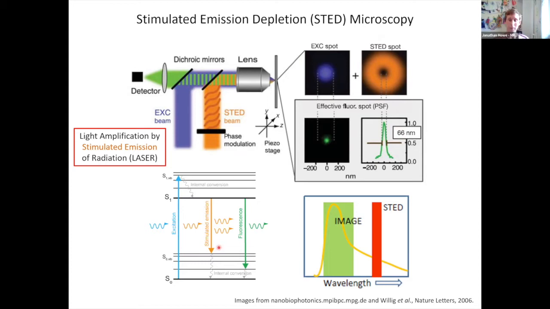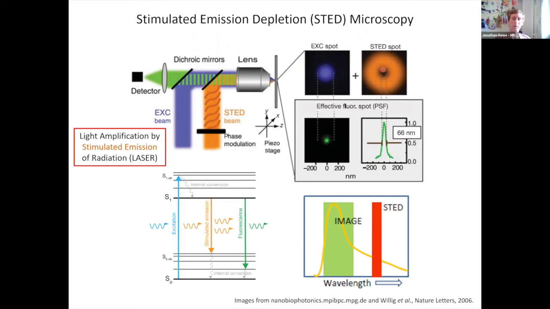So what this means is that all of the fluorophores beneath this high intensity STED laser are induced to undergo the stimulated emission process. Whereas the molecules in the middle, where there's zero intensity in the STED laser, can undergo the regular fluorescence process. But they're obviously in a more restricted area.